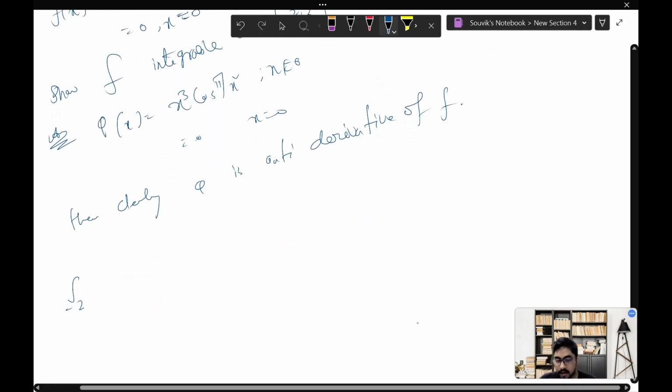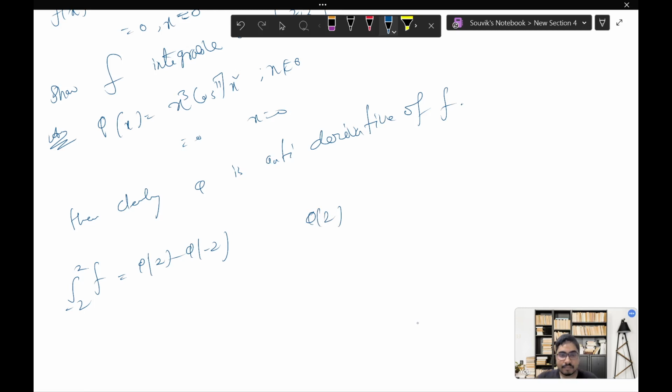So the integration from minus 2 to 2 of f is equal to what? Phi(2) minus phi(minus 2). Now what is phi(2)?